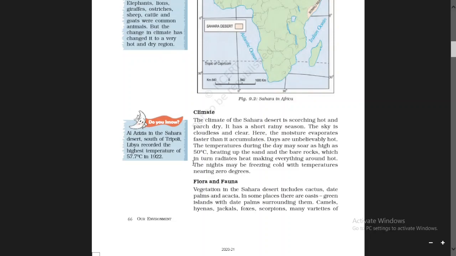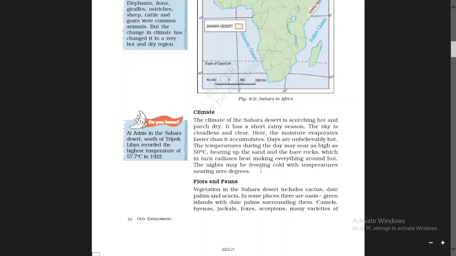So these bare rocks in turn radiate heat, making everything around hot.